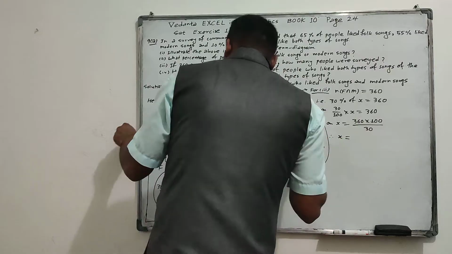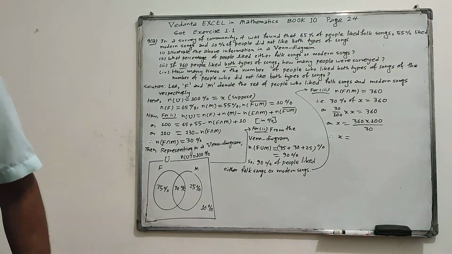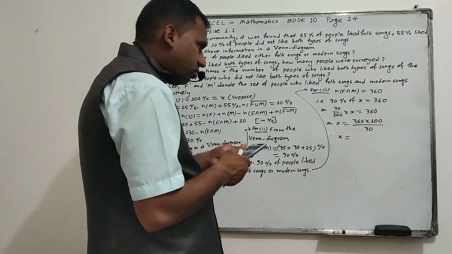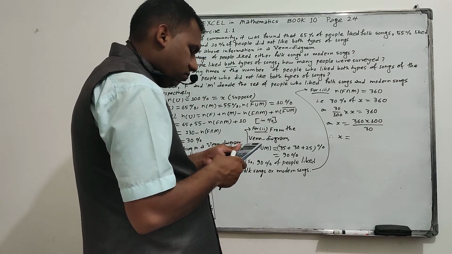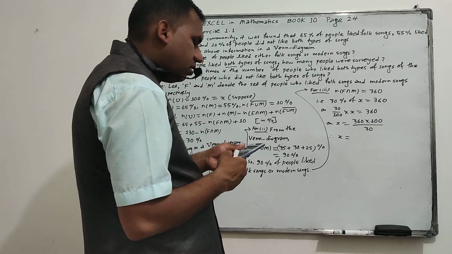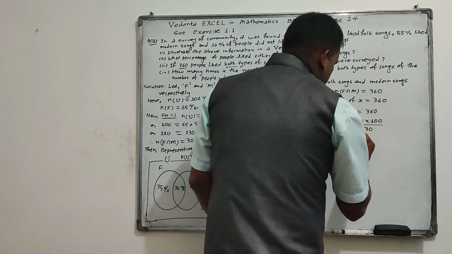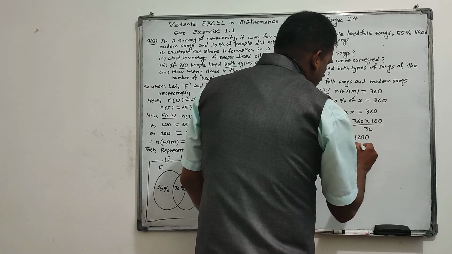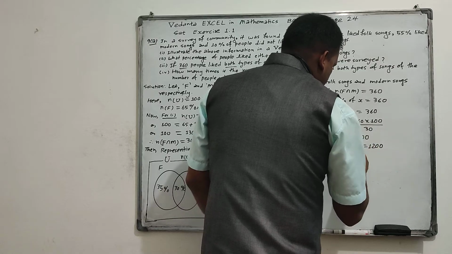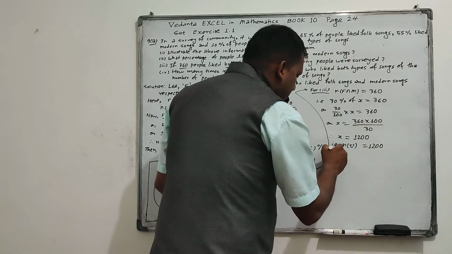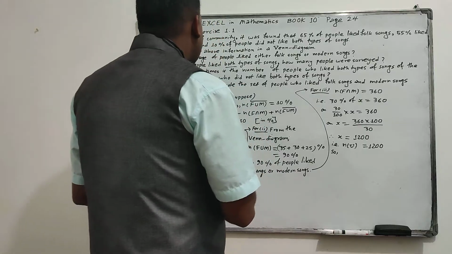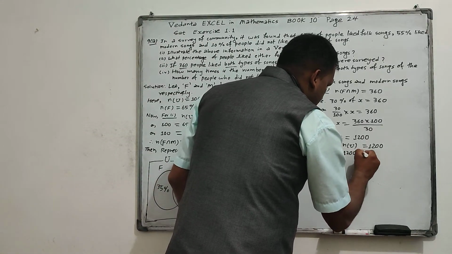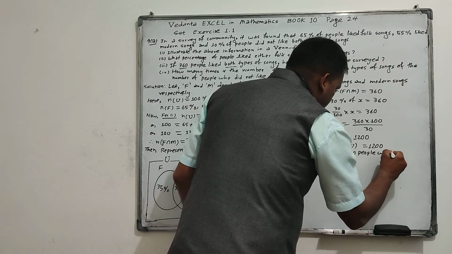Therefore X equals, let us calculate this by calculator. 360 multiplied with 100 divided by 30 becomes 1200. That is number of U equal to 1200. So 1200 people were surveyed.